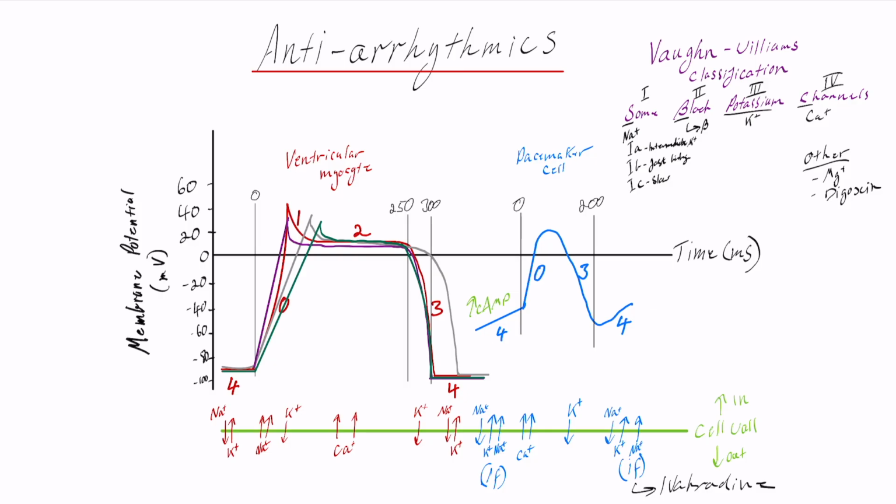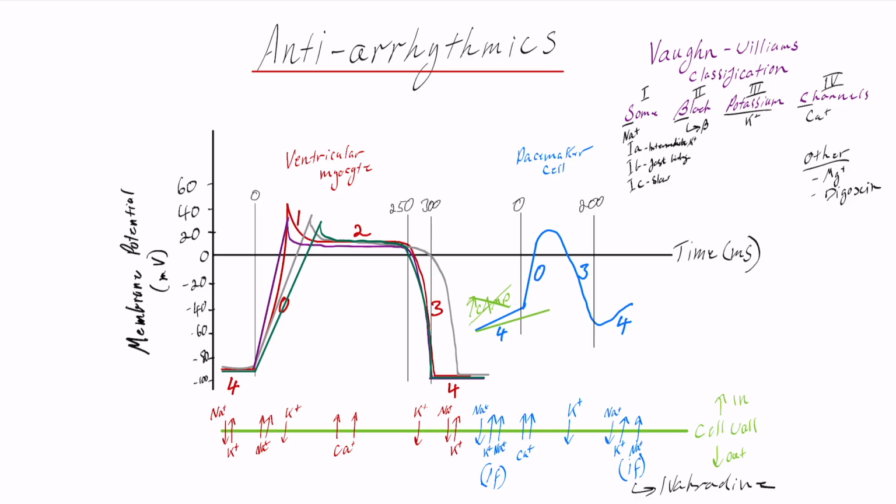So if you're on a beta blocker, what you're doing is you're actually down-regulating this cyclic adenosine monophosphate because you're blocking the beta-1 receptor. And what this does, if I draw it in green, is it decreases the steepness of phase 4.